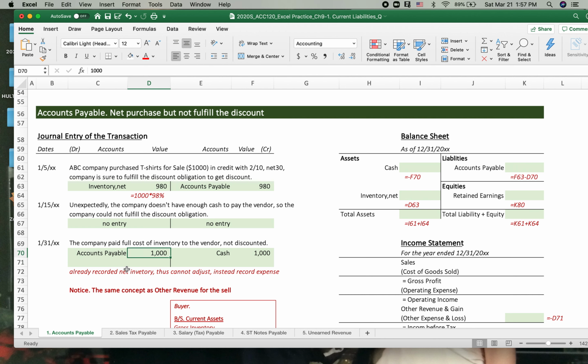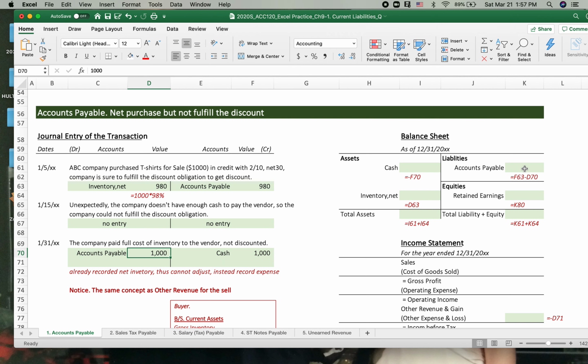It doesn't make sense. How much did you record? The accounts payable, 980. By paying $1,000, 980 from your liability should be reduced. If you put accounts payable $1,000, then the accounts payable will be negative $20.